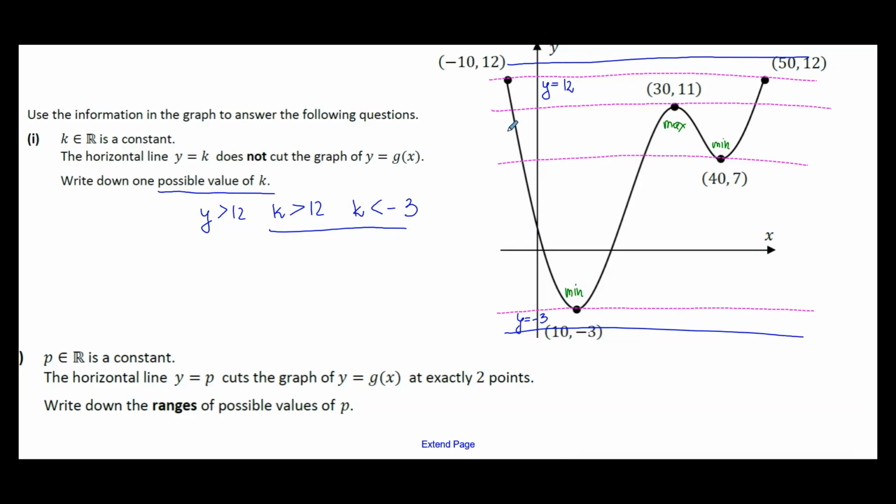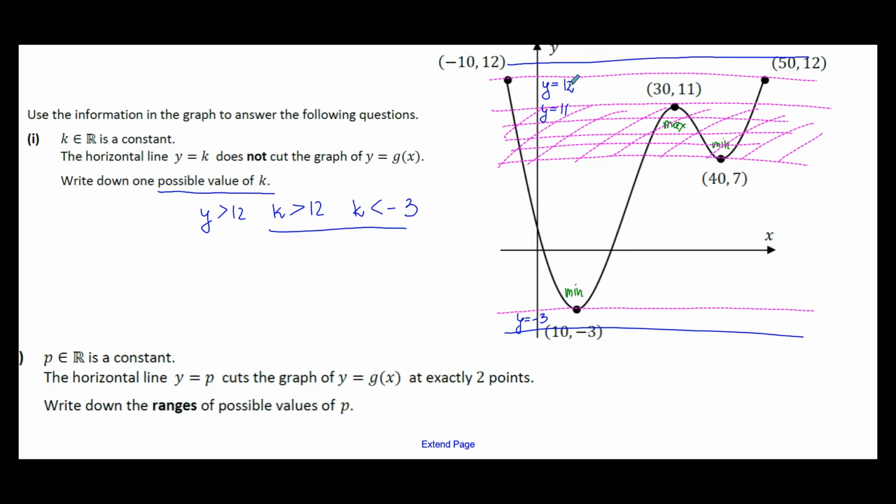If I'm going to draw a line anywhere here, it's going to cut at 3 points. So this area is not for me because it does not fulfil the condition. So I'm going to draw something in between. What values are we talking about? What's that value of y? 11, isn't it? So it has to be between 11 and 12.